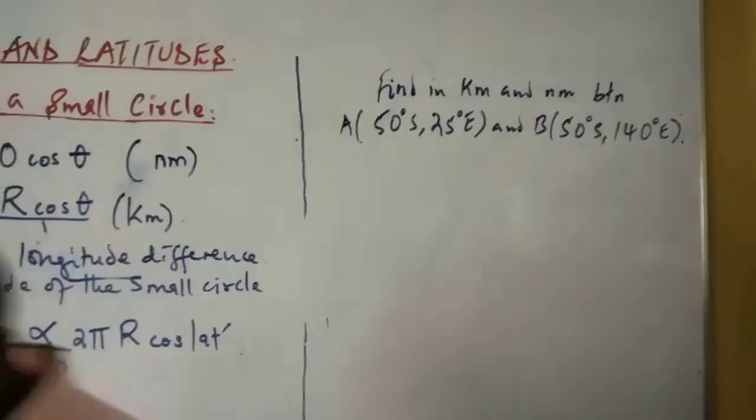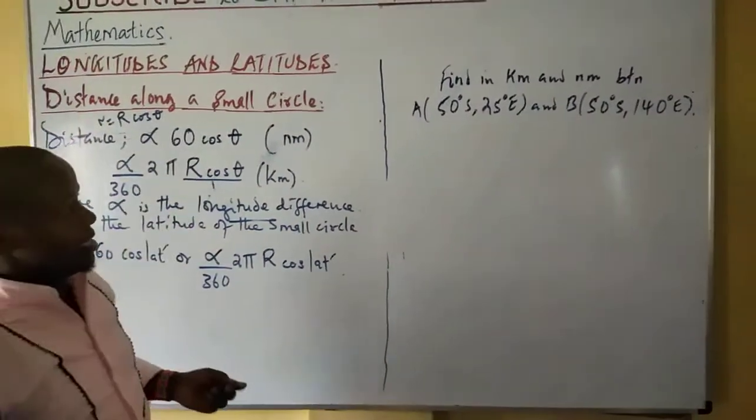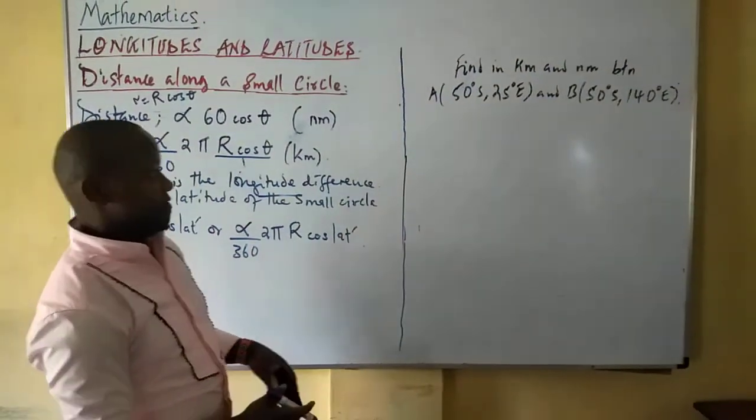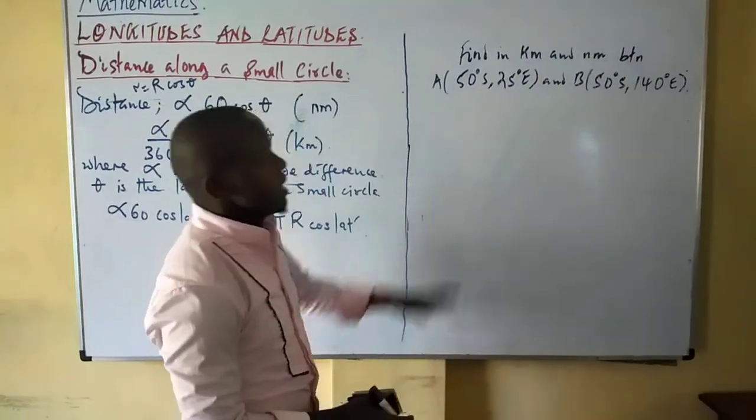So we are to get the distance between these two places. A, 50 south, 25 east. B, 50 south, 140 east.